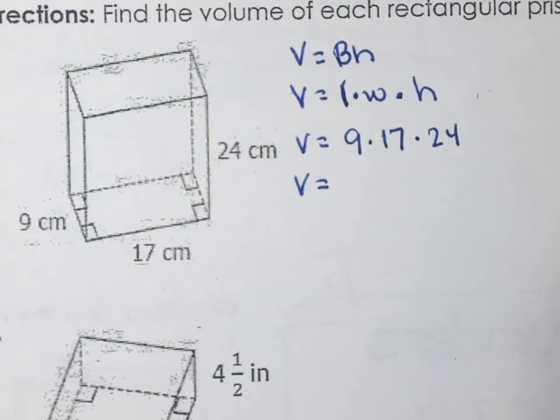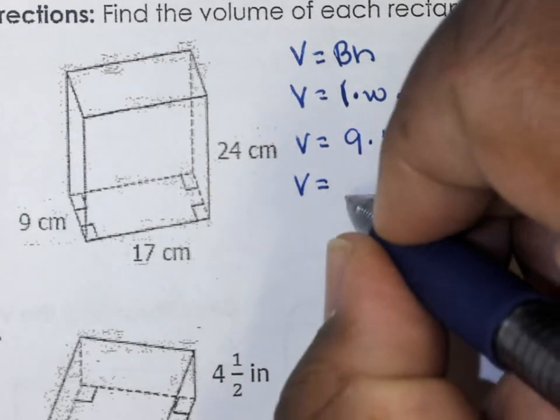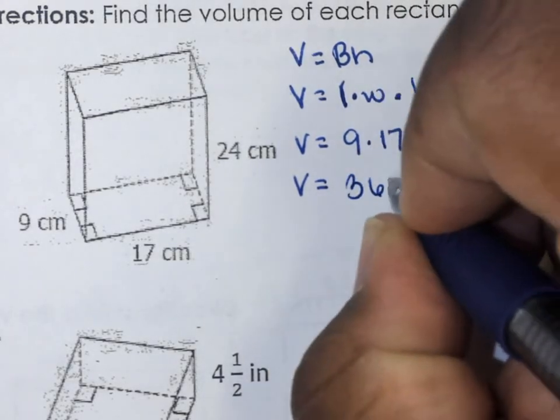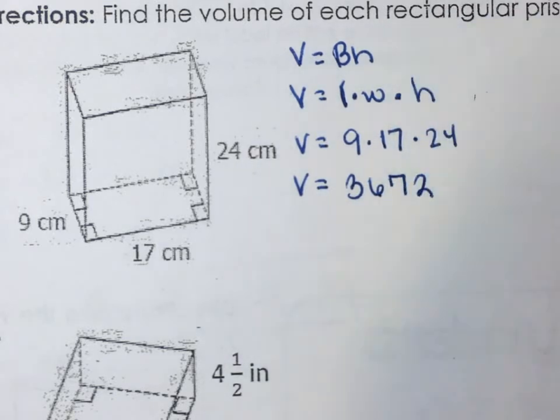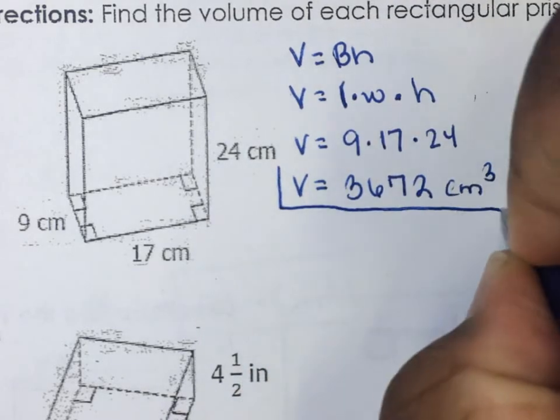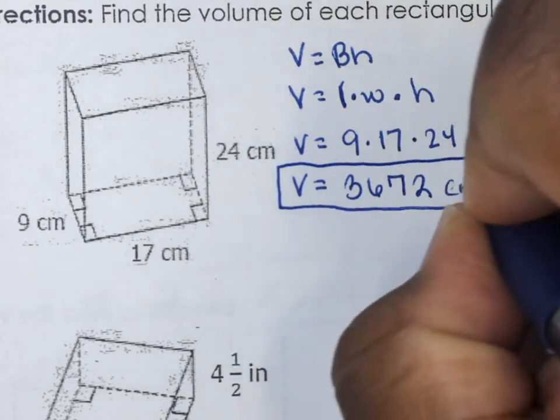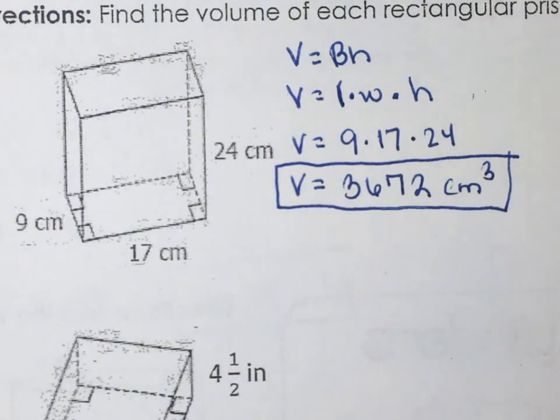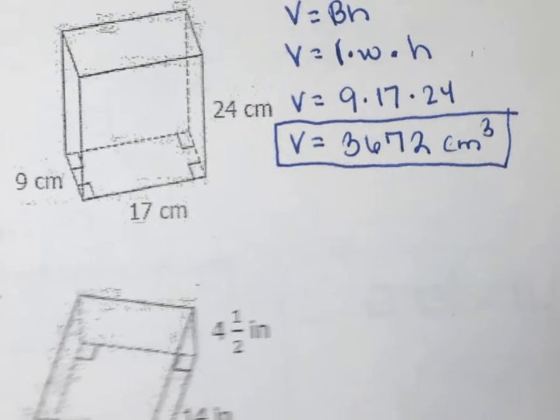You can spit it out if you got it. This is centimeters cubed. So rectangular prism is easy if they give you all your numbers. Very easy, much easier than surface area.